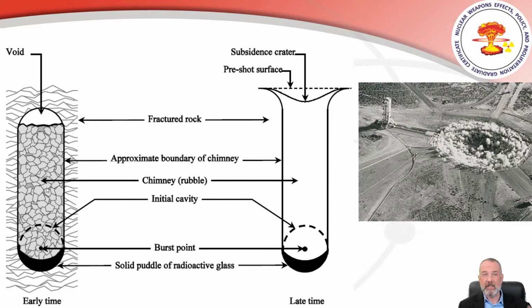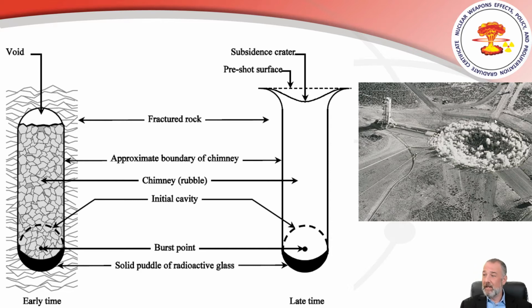If you're close enough to the surface, that chain reaction is going to go all the way up to the surface, and some of the surface material is going to go down to help fill in that hole that you've made. When this happens, the ground around the detonation site subsides, or goes downward, and so they're called subsidence craters.